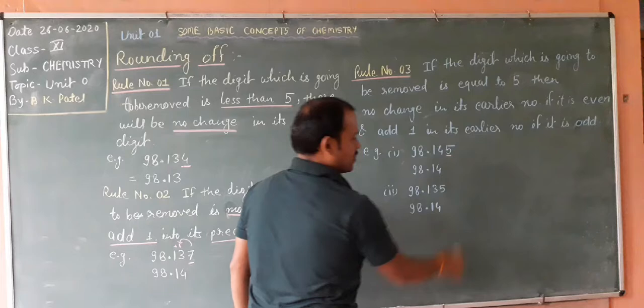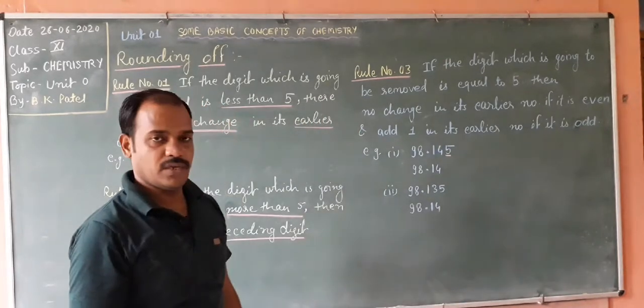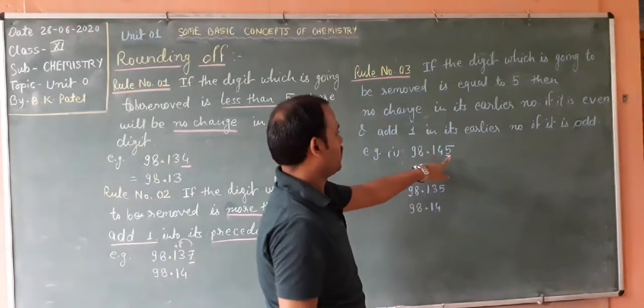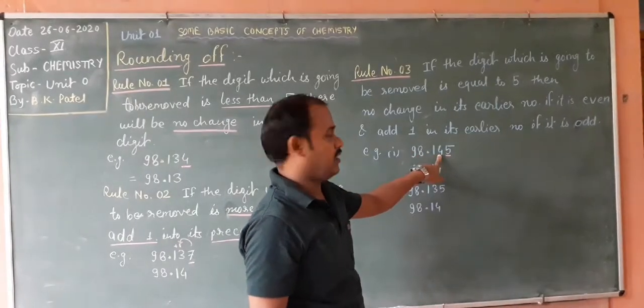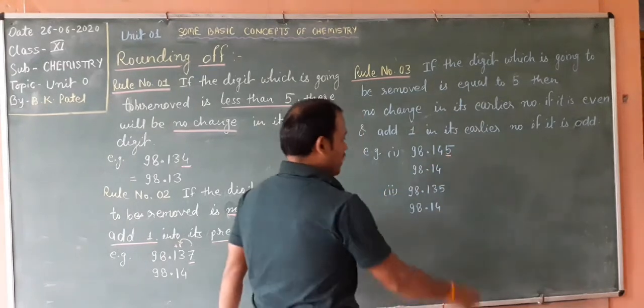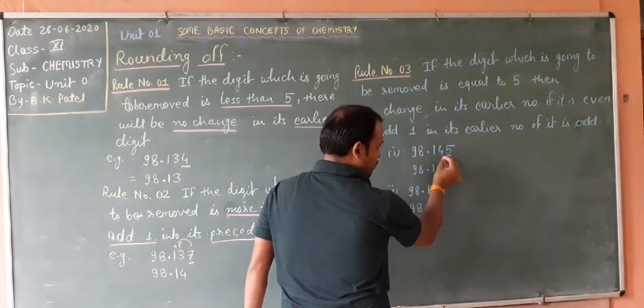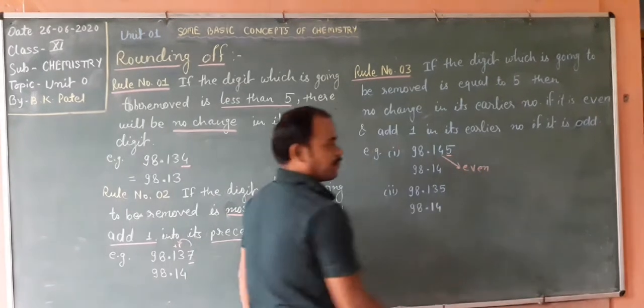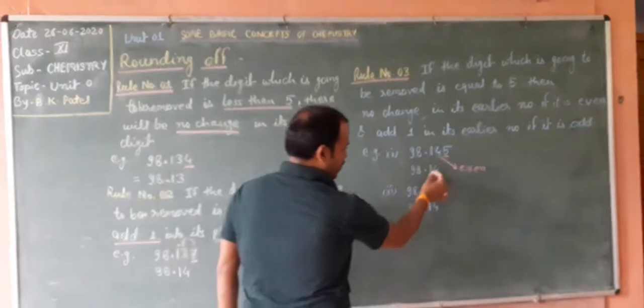Since this 5 is the digit which is going to be removed, we have to remove this 5. So how can we remove it? Before the 5, see the nature of this number. Is it even or odd? If this number is even, then there will be no change.